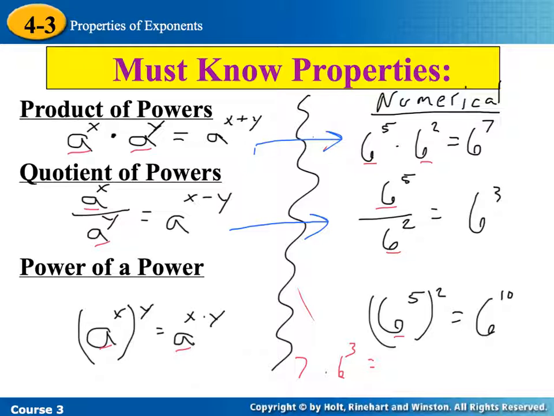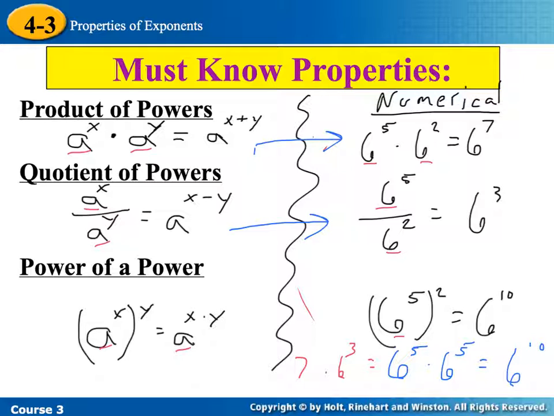Now, the very bottom one is a power of a power. If I give you 6 to the fifth to the second, that means 6 to the fifth times 6 to the fifth, right? I could rewrite those out, which is 6 to the 10th.